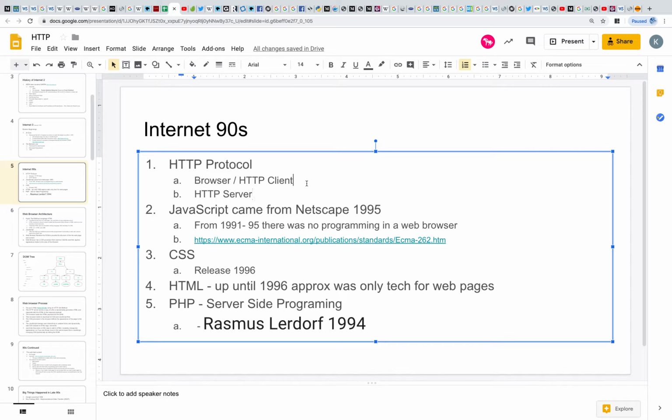Browsers are IE, Firefox, Google Chrome, etc. But at first it was only Netscape.